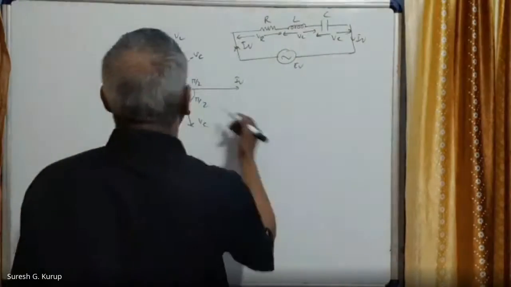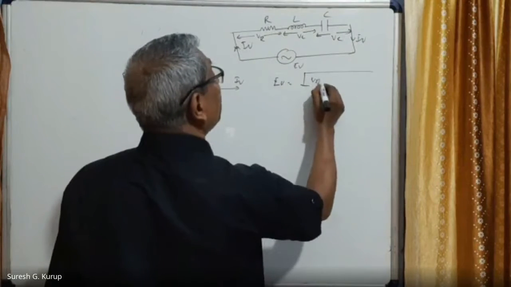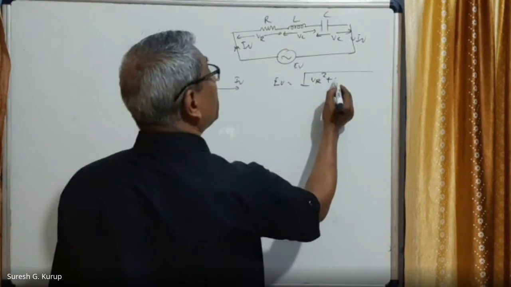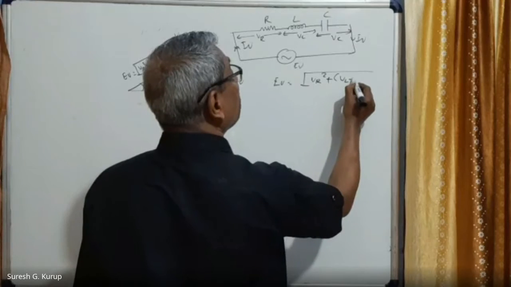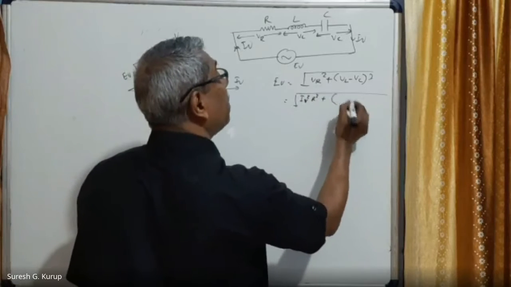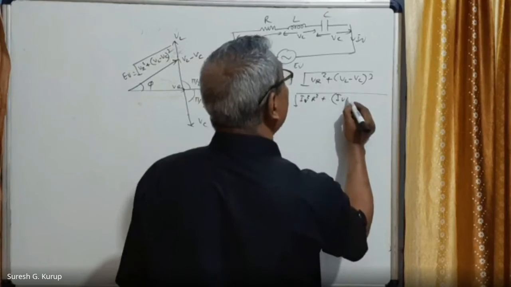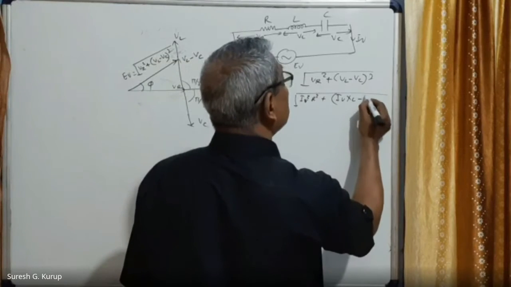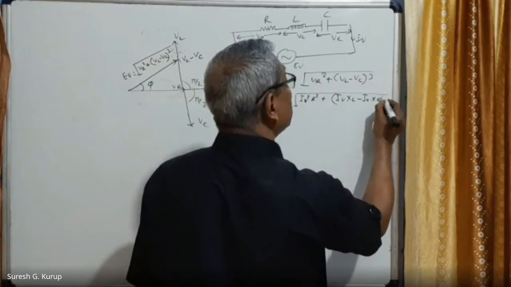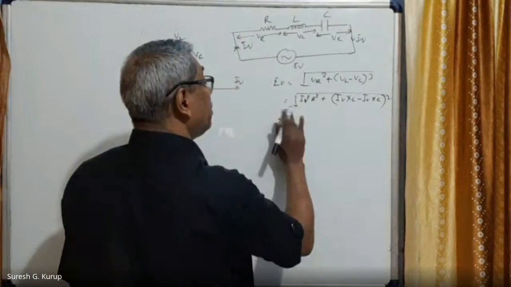So from the phasor diagram, what can we write? EV is equal to the square root of VR square plus (VL minus VC) the whole square. This is equal to the square root of VR square, where VR square means IV square R square, plus IV into XL minus IV into XC, the whole square.